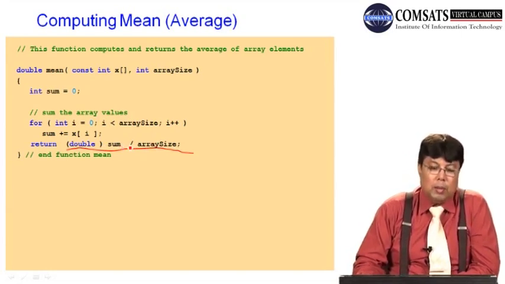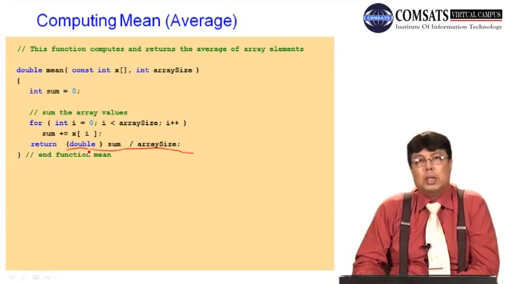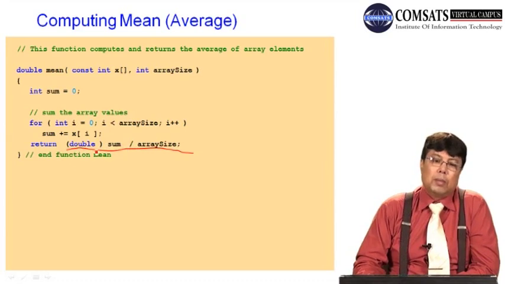because it's integer division. But here we have done typecasting, which I promised I will teach you in some other lecture. Simply, if we put the data type within parentheses, this integer will automatically be converted to double, and it will return a double value because the function is supposed to return a double value.